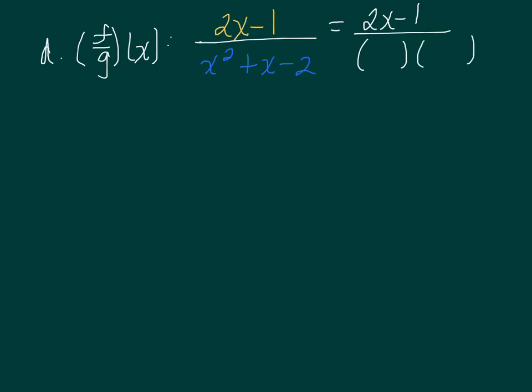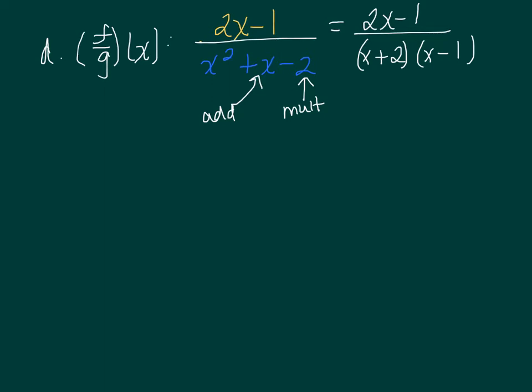The numerator can't be factored, but this denominator can. Remember, you're finding two numbers that multiply to give you negative 2, but add to give you 1. And so those two numbers would be 2 and 1. And since we need a positive 1, the bigger number has to be positive. Now, if you notice, nothing can divide, so we leave it like this. Now, our domain.